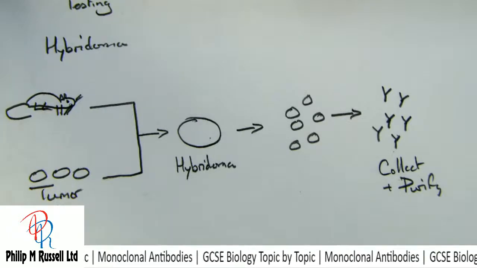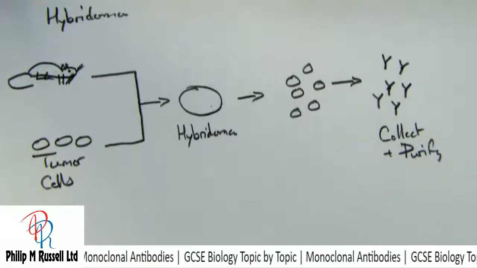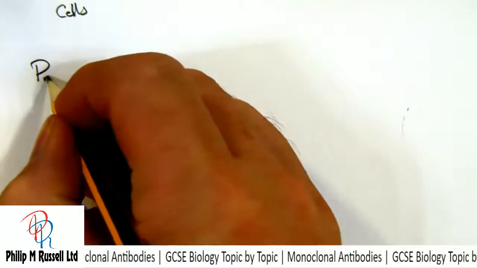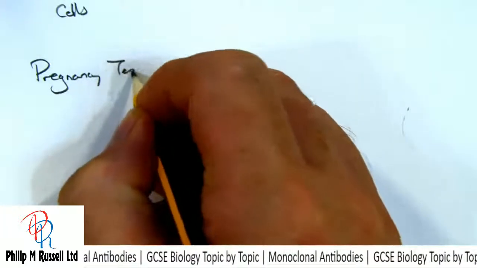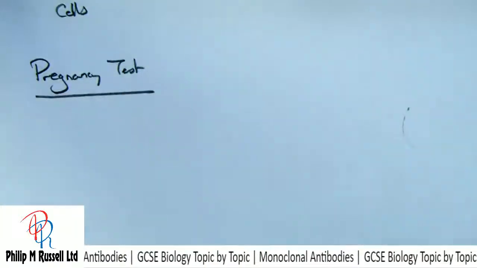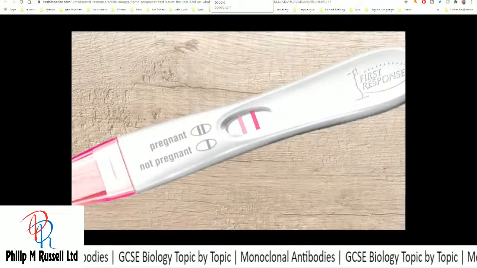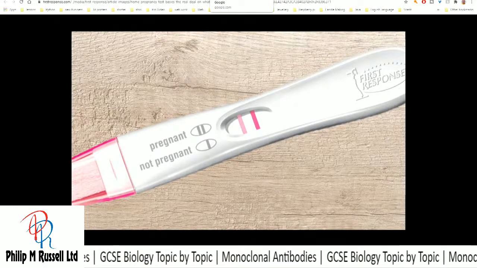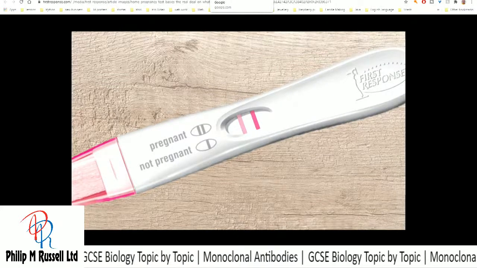Now, one of those might be a pregnancy test. So let's have a look at this. A typical pregnancy test might look something like this, and we have one line if you're not pregnant and maybe two lines if you are.